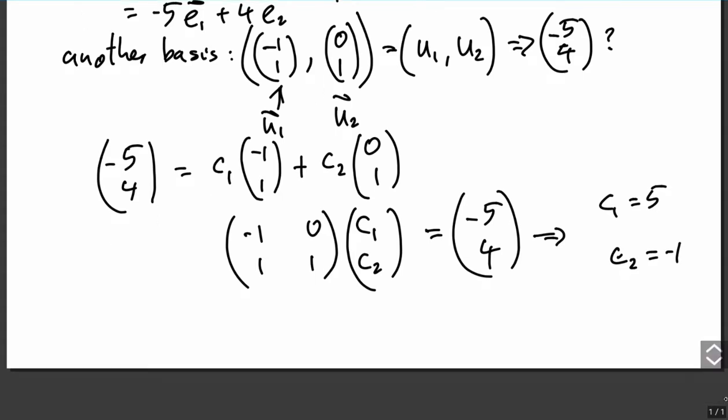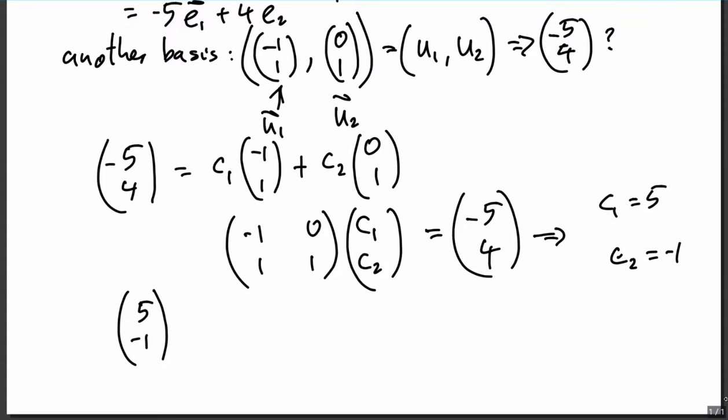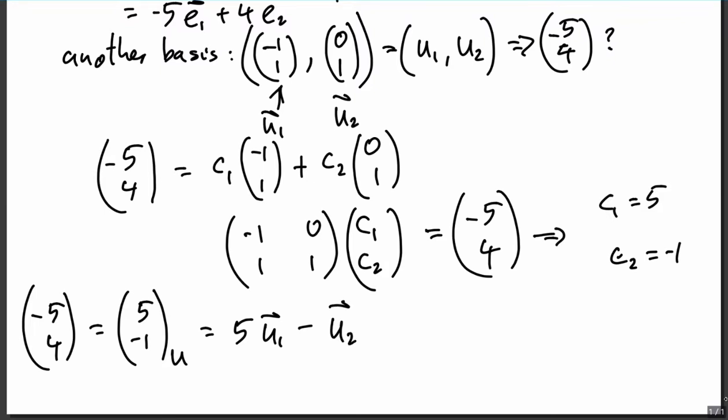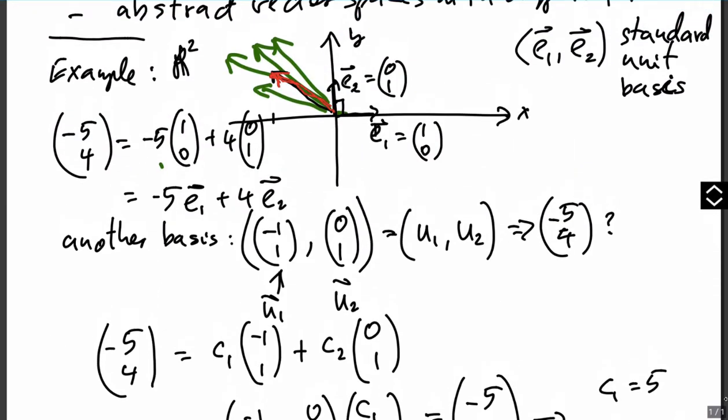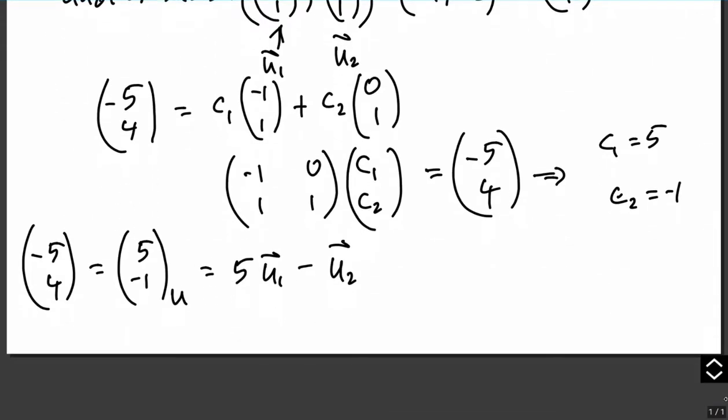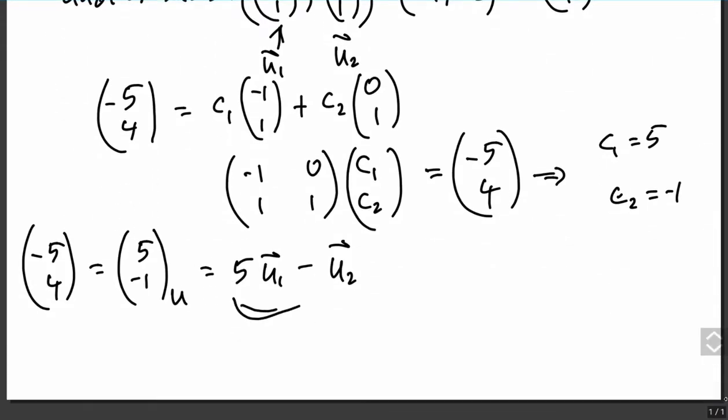So the idea is that this 5, -1 could be used as a different representation of the same vector, where this means that we have 5 times the U1 vector minus the U2 vector. While the previous representation, the -5, 4 representation, pretty much says that it's the opposite direction of E1 and 5 times as big, and then in the direction of E2 and 4 times as large, what this says here is it's pretty much in the U1 direction.